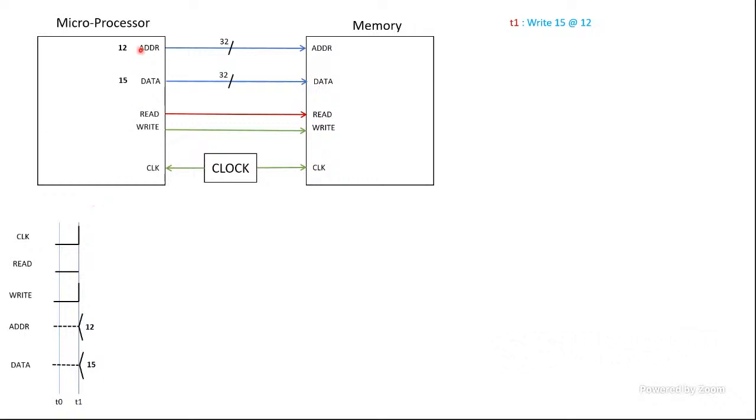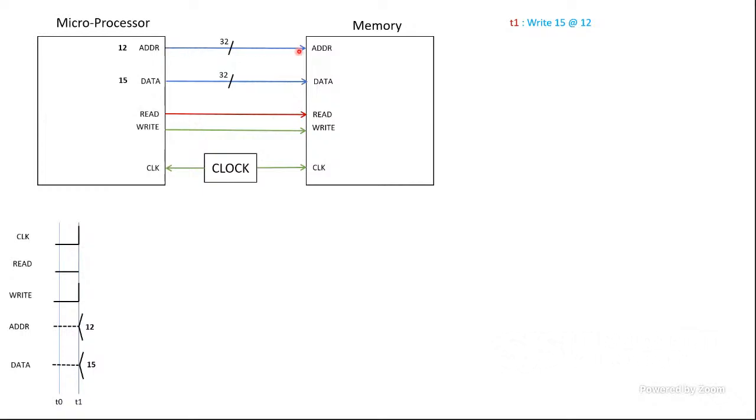In the address, the microprocessor provides a value of 12, let's say, and on data it provides a value of 15. That changes from a dashed line, which is kind of don't care, to a concrete value: address 12 and data 15. At T1, what the processor is trying to do is write 15 at address 12.